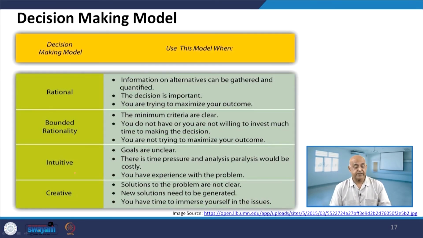So, the decision making models we have talked about are the rational, bounded rationality, intuitive and creative.